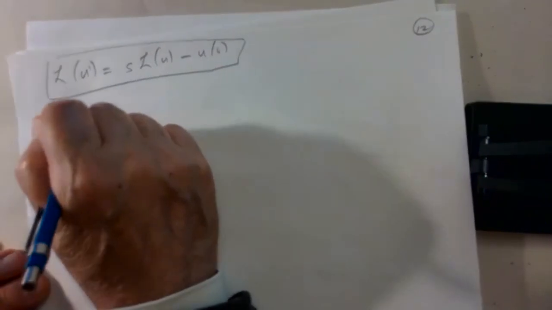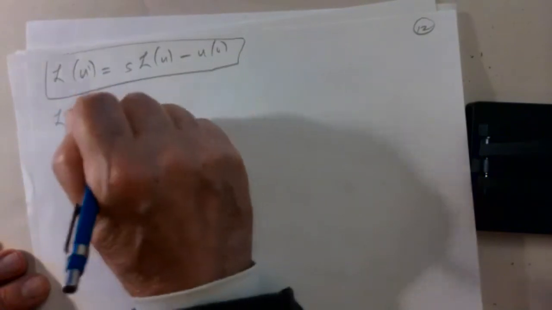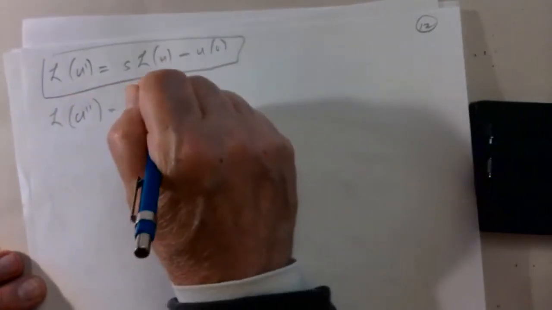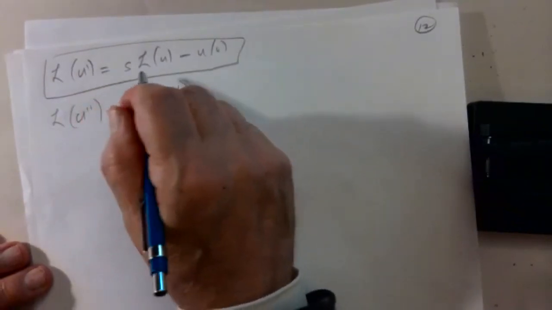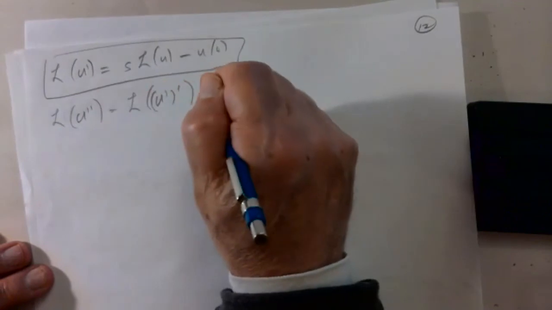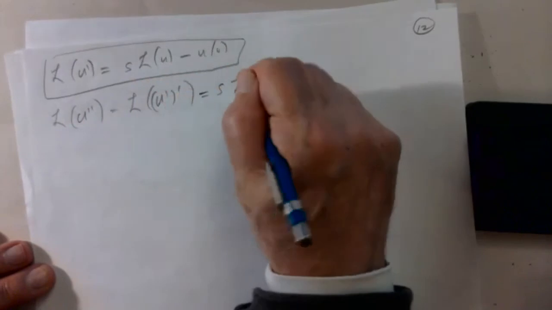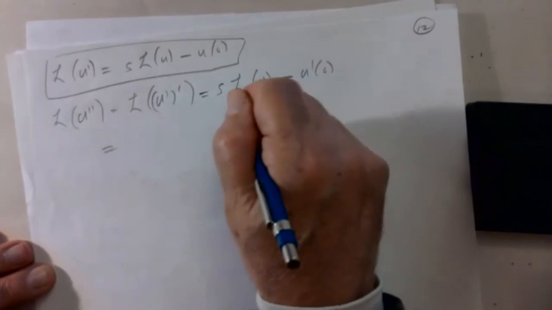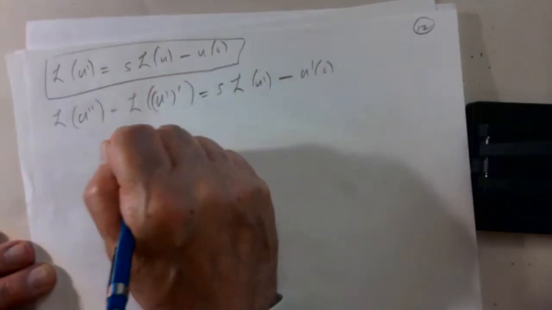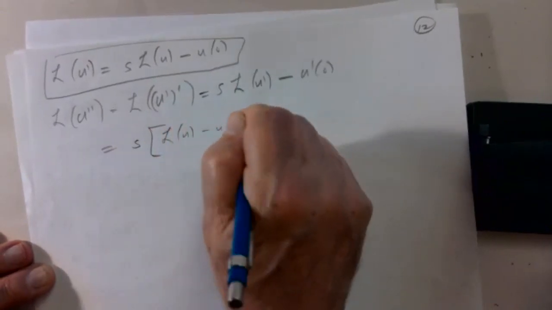Suppose I take the second derivative, u double prime. The Laplace transform of the second derivative is like the Laplace transform of the derivative of the derivative. So this is equal to s times the Laplace transform of u prime minus u prime at 0. But L of u prime is equal to this: s times L of u minus u of 0.